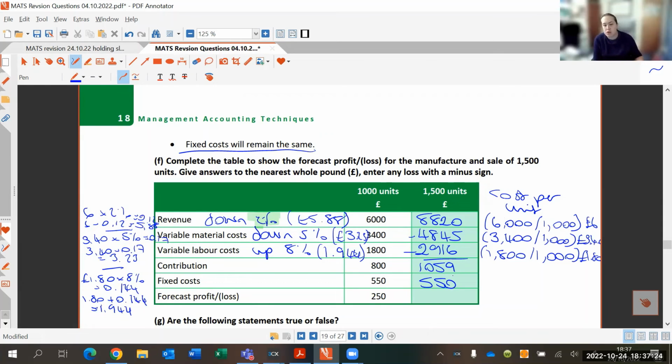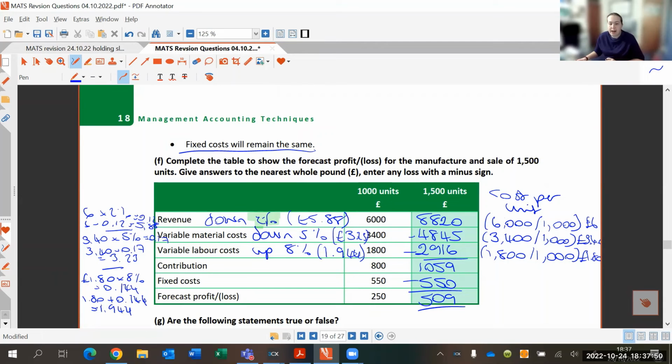It will always be 550. So the final thing to do is just take that off, and we'll get our, looks like a profit. So we should now be making a profit of 509 on that product, which is pretty good because we've doubled our profit by only making 500 more units. That's quite good, really.